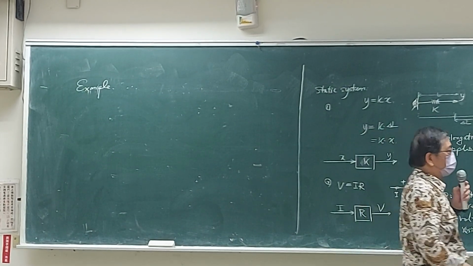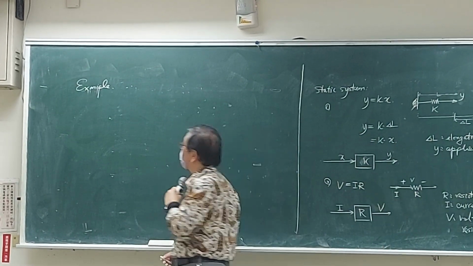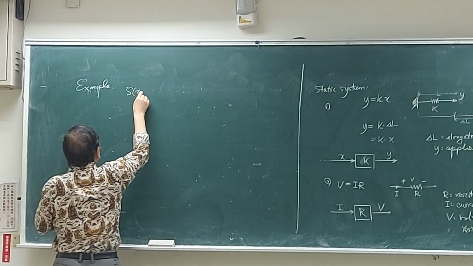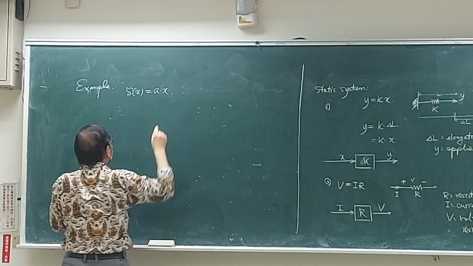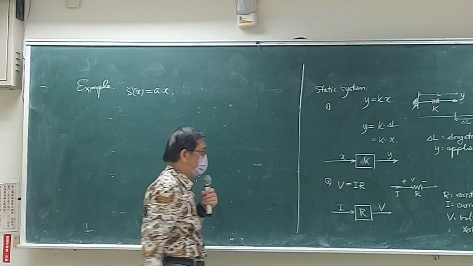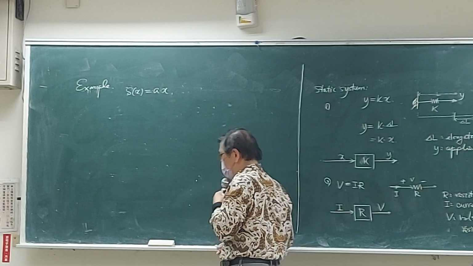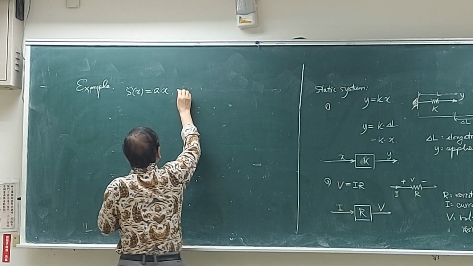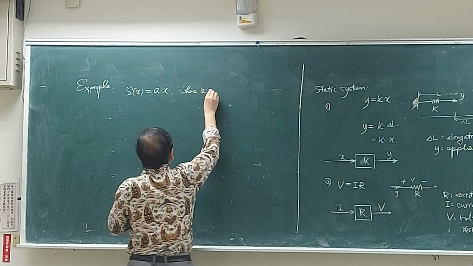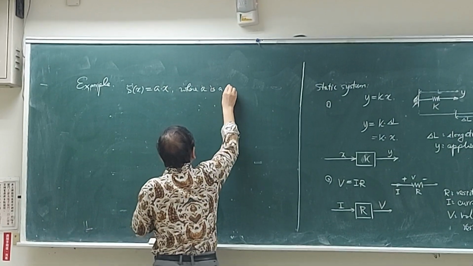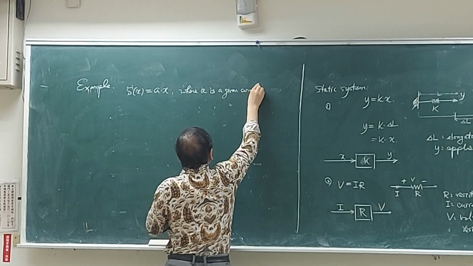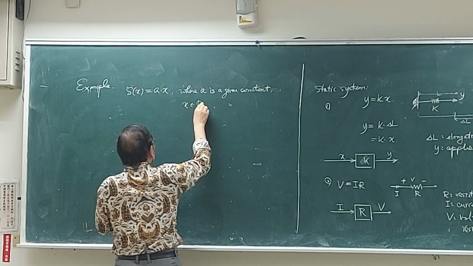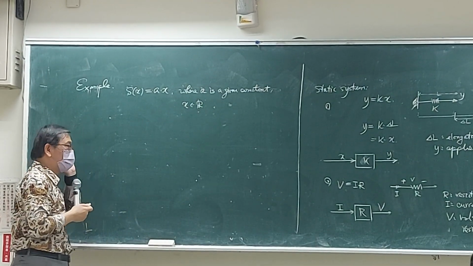For simplicity, we consider a static system, like a spring constant or a resistance equation, where A is a given constant and X can be any real number.